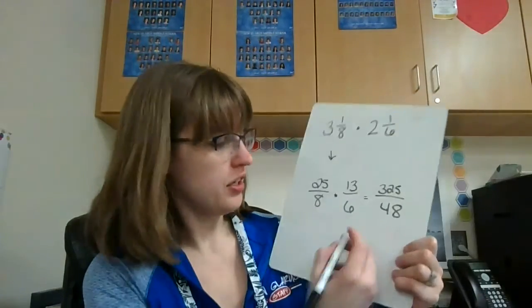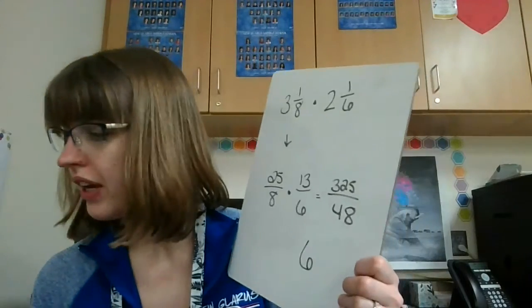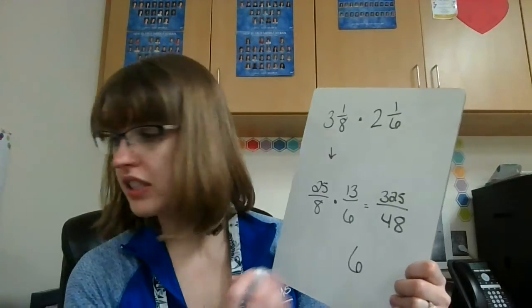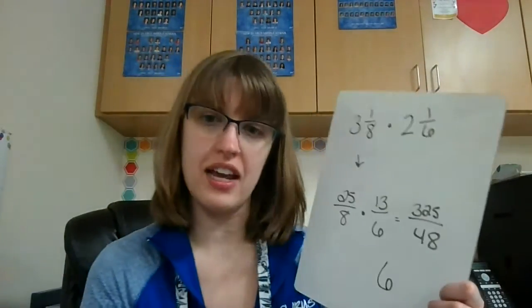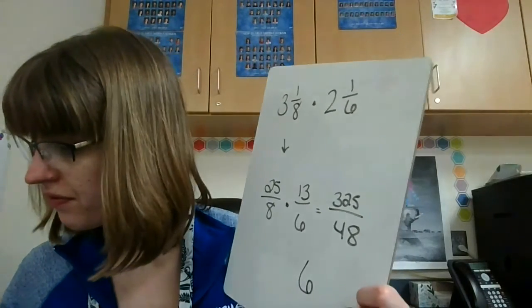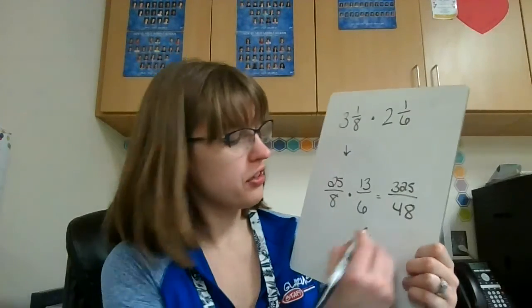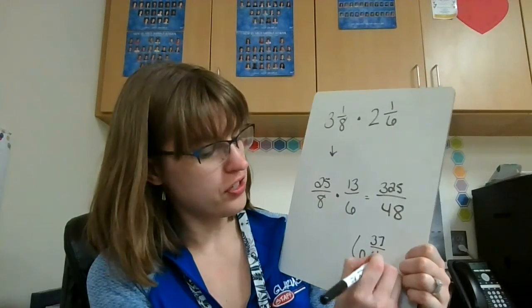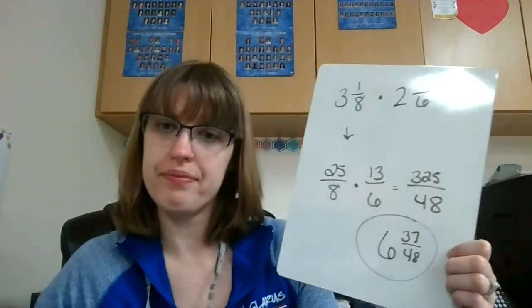And I get 6 times. Okay, whoops. So 6 wholes, and 6 wholes are the same as 288 of my 325, which leaves me 37 left. There's my answer.